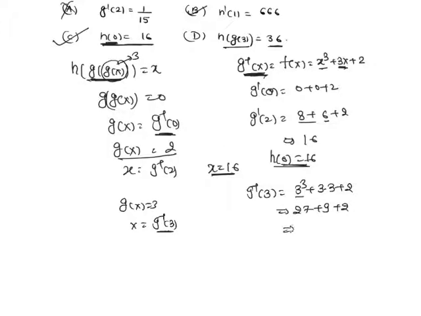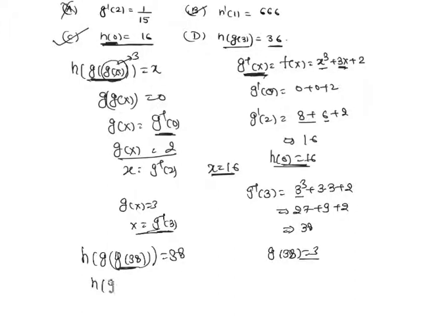We'll get 38. So g of 38 equals 3. If I put x equals 38 here, h of g of 38 equals 38. So g of 38 is nothing but 3, and h of g of 3 equals 38. That means the last option is wrong.